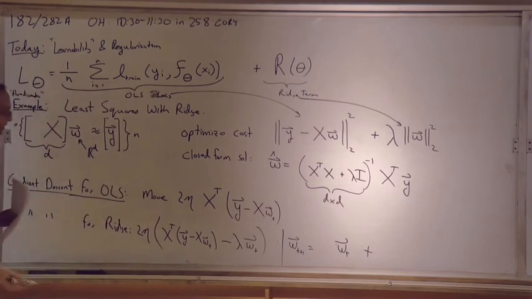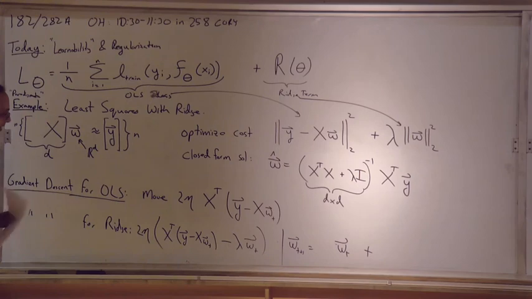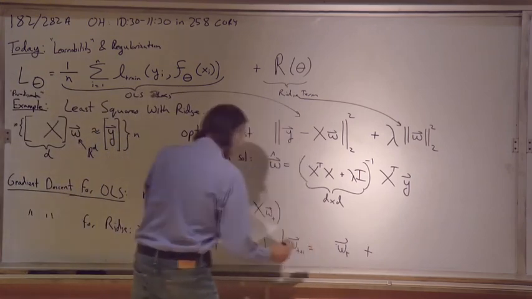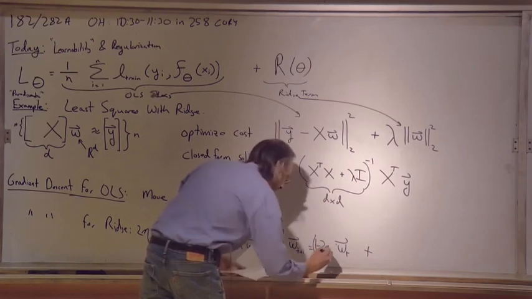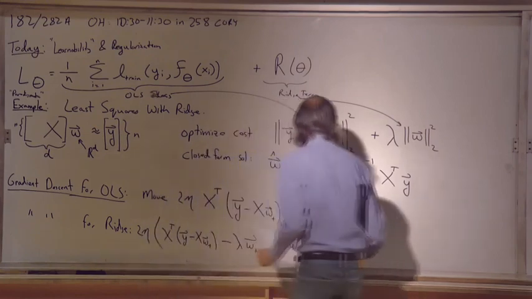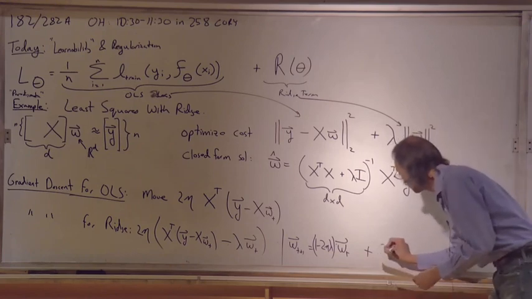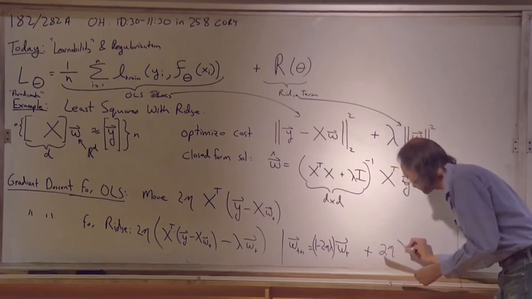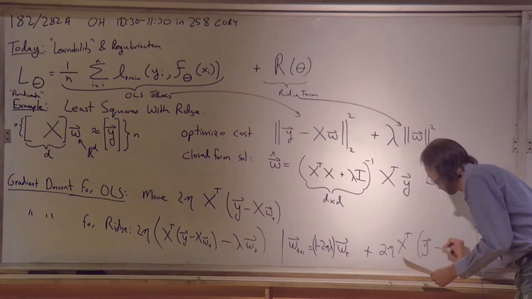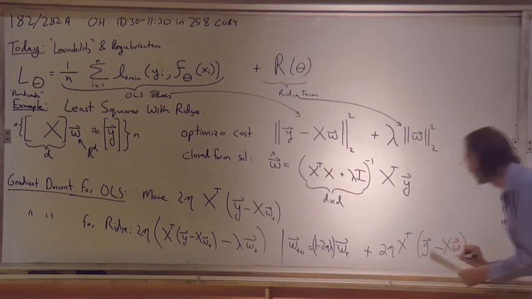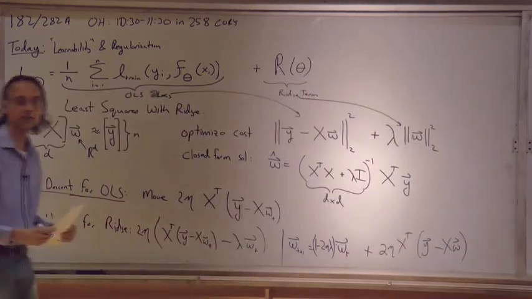But now there's a Wt sitting here with a minus lambda, so I can pull that term over: 1 minus 2 eta lambda. And then here I get the gradient term that's just the standard OLS gradient term. This is a comment on how gradient descent works in the context of ridge.